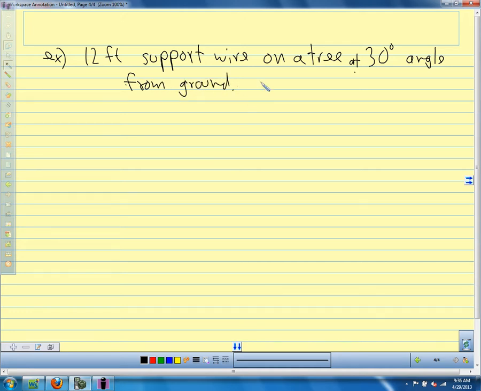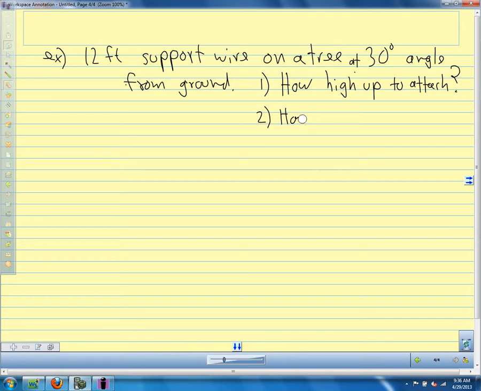We want to know two things. One, we want to know how high up the tree we should attach it. And our second question is, how far from the tree do we attach it to the ground?